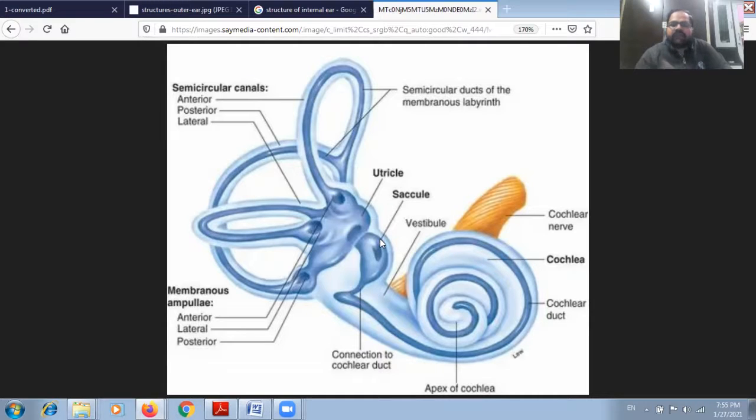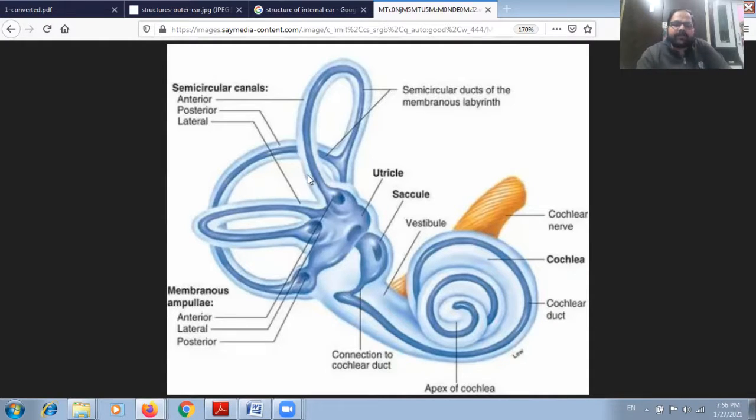And I have already told you that there are two portions. The outer portion, or outer canal, is filled with a fluid which is called perilymph, and the internal tube is filled with another fluid which is called endolymph.